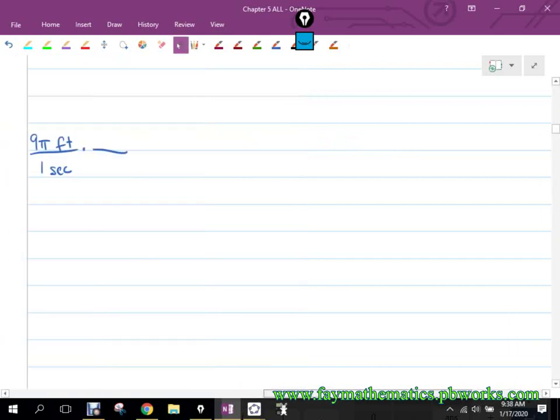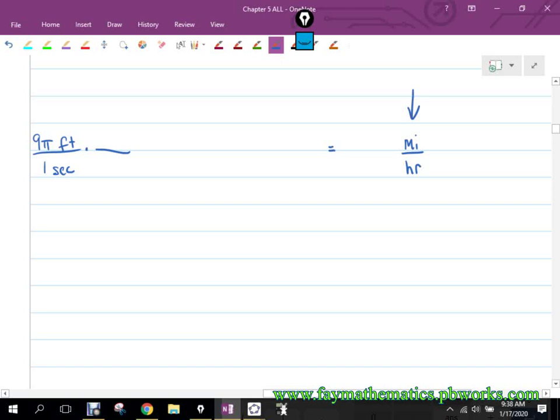How do I get it to miles per hour? I do miles in feet, and then I would do how many seconds in an hour, over how many feet are in a mile. Okay, so good. Here are the units I start with. Here are the units I want to get to. That's what I always do. I start working with the first one here. Obviously feet is not miles, so I want this feet to disappear.